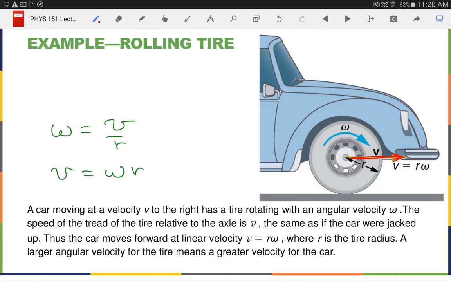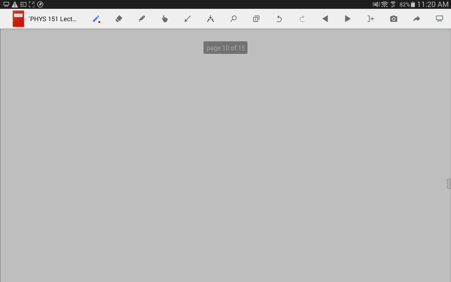You put on a bigger tire, a bigger radius for that tire, what's going to happen? You're going to be going faster than the speedometer says. You get pulled over and you say, my speedometer said I wasn't speeding. That's really not a valid excuse if you put on the wrong tires. It's actually only a valid excuse if you've had it very recently calibrated. In most situations, it's not a valid excuse, which is sad.